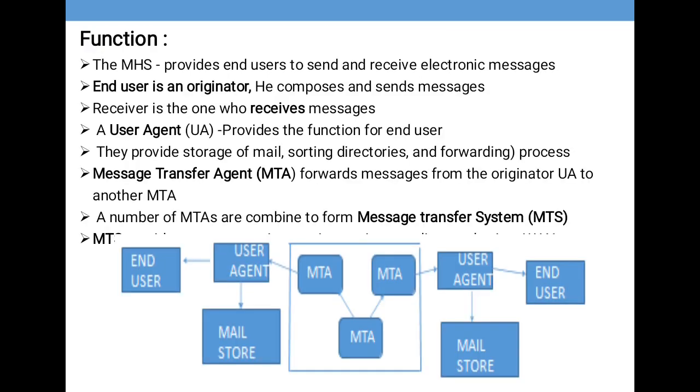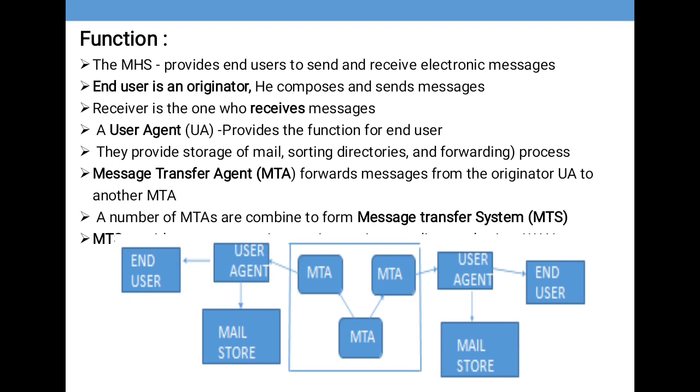The function of MHS is that it provides end users the ability to send and receive electronic messages. It has four elements: end user, user agent, MTA, that is message transfer agent, and MTS, message transfer system. End user is the originator or receiver.